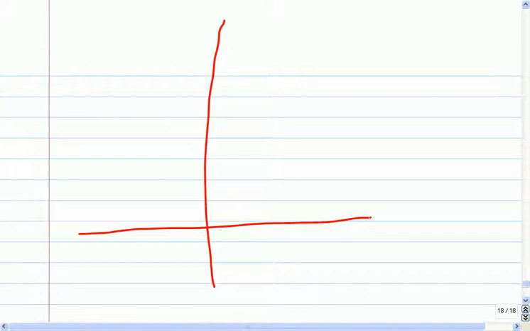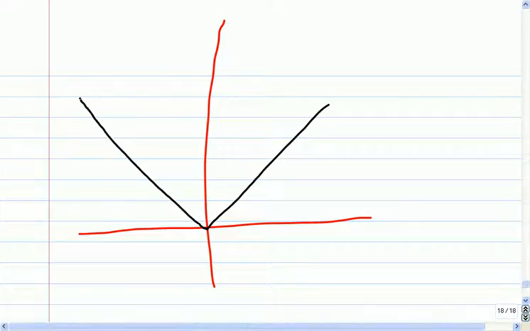Okay, so 24 has the graph of the absolute value function. So here's what we're looking at, 24. If you do absolute value of x, you get this. It's a regular line there, and because this can't be negative, it flips back up over the x-axis.